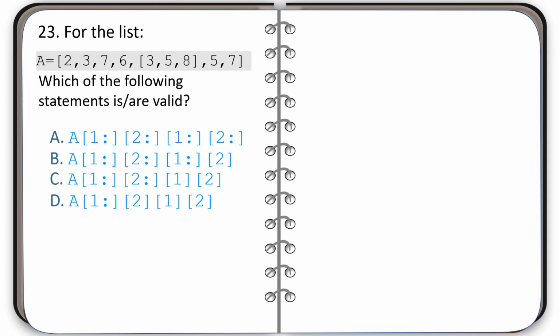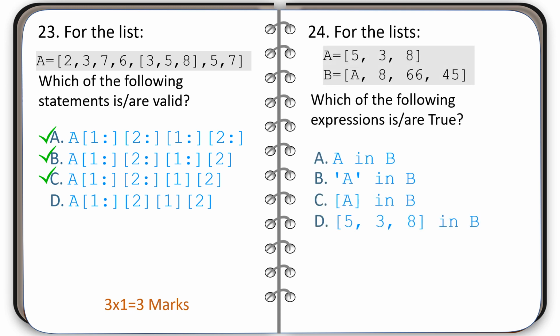Question number 23. In this question again a list is given, and you have to find out which of the following statements are valid. And the valid statements are A, B and C. Question number 24. In this question you are given two lists, and you have to find out that for these two lists which of the given expressions are true.